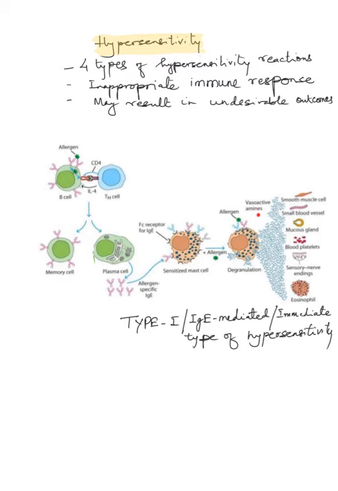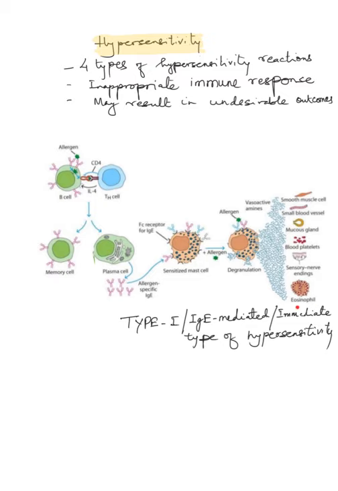And these vasoactive amines, they'll act on smooth muscles, causing their contraction. They can act on small blood vessels, causing the vasodilation, and they'll act on mucous glands, causing them to become hypersecretory. Even blood platelet clotting would happen, and eosinophils will also be getting activated.